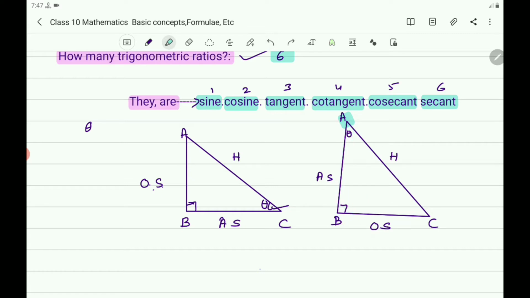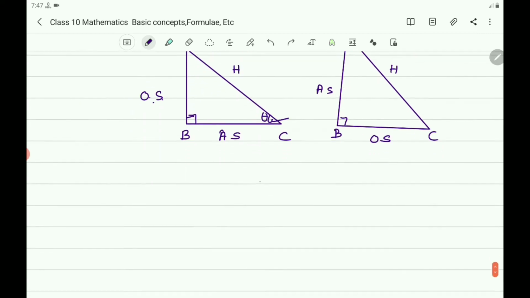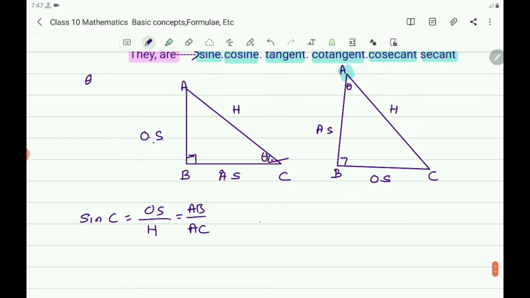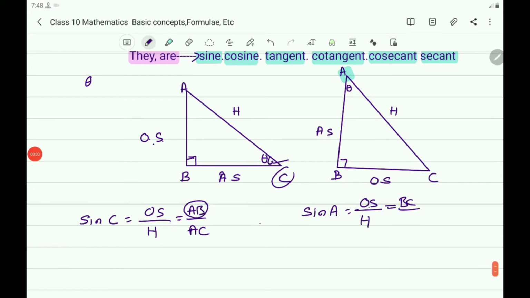Now to express the ratios, here sine C means opposite side by hypotenuse, that is AB by AC for angle C. For angle A, sine A, that is opposite side by hypotenuse, BC by AC.